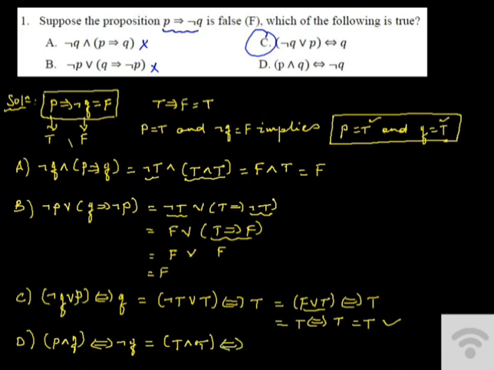Implies the negation of Q, and the negation of true is false. True implies false is false. For an implication to be true, both must be true or both must be false. So D is also false. So our answer for the first problem is C.